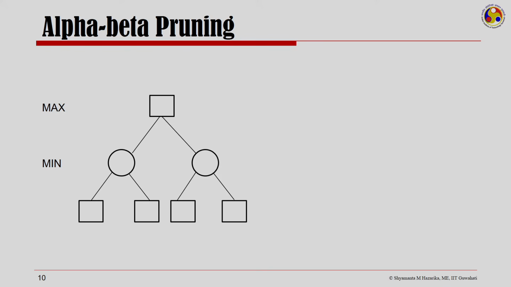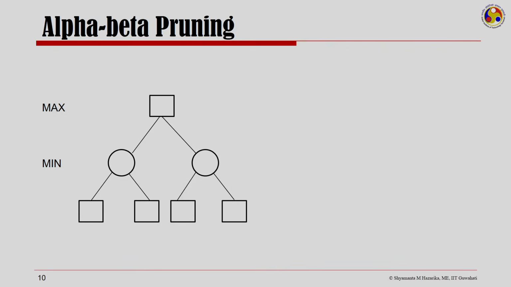So let us try to understand alpha beta pruning by taking the same game tree that we had used to illustrate the minimax procedure. But one thing to notice at this point of time is that we do not evaluate all the leaf nodes. So we start by computing the static values one at a time.